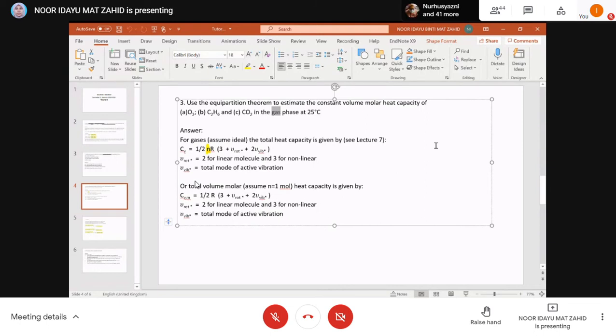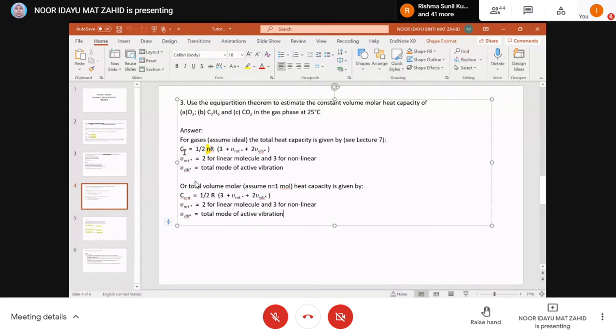These are all hints for you to decide. For a gas, which we assume behaves ideally, the total heat capacity is given by the following equation. You can refer to your lecture notes.